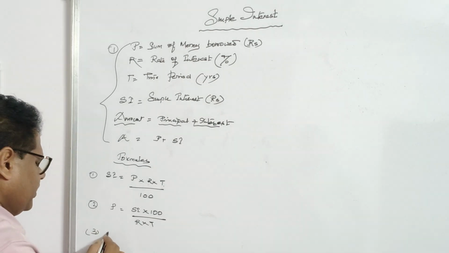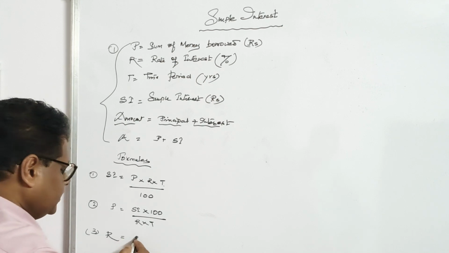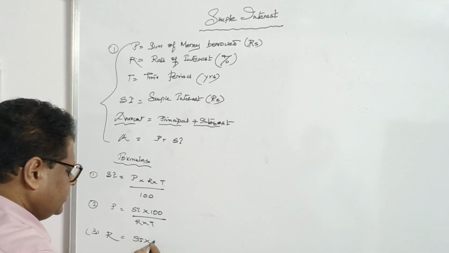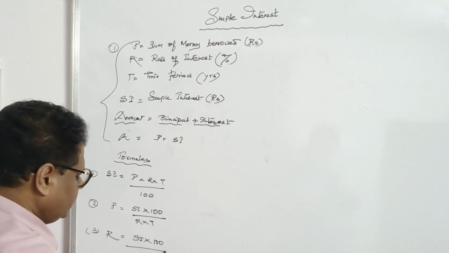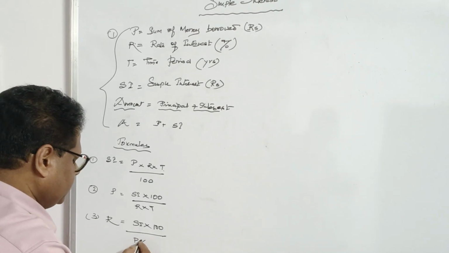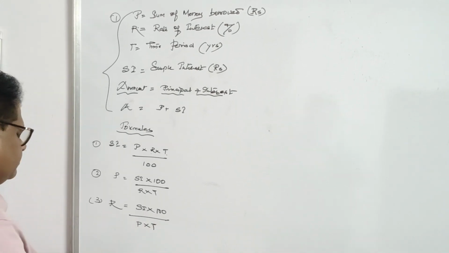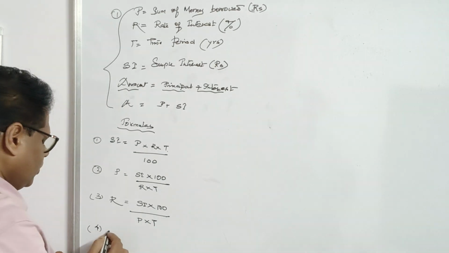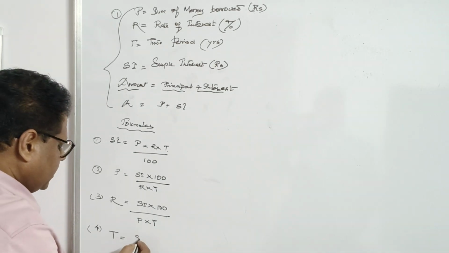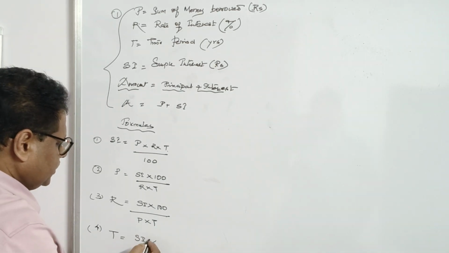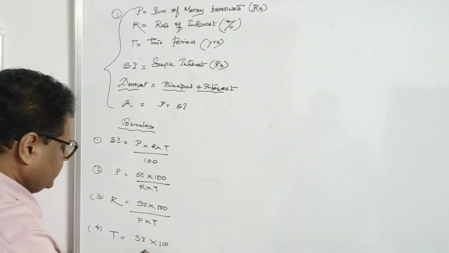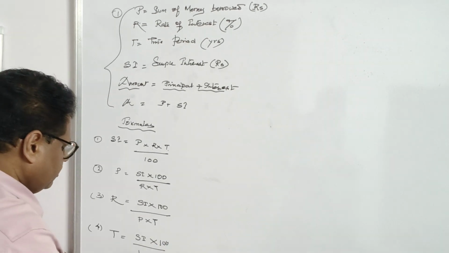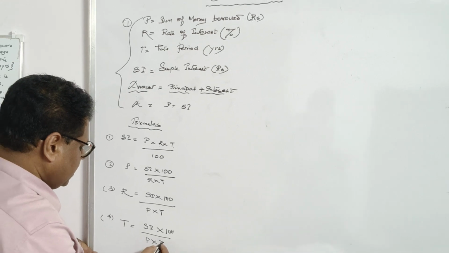Similarly, if you want to find the rate, then multiply the SI by 100 divided by P into T. Similarly, if you want to find the time, multiply the SI into 100 divided by P into R.